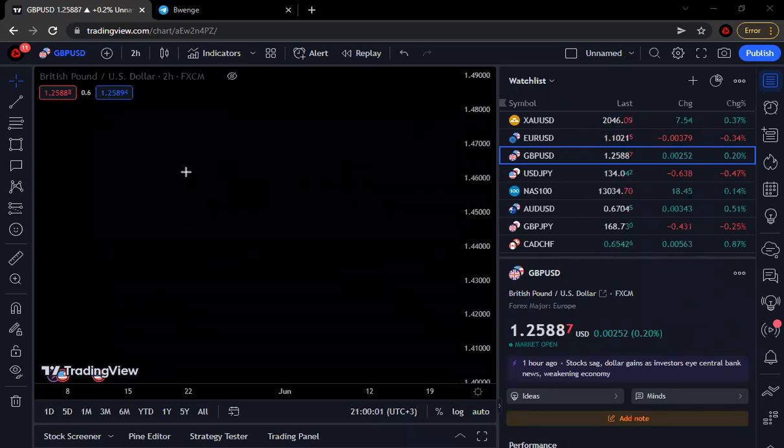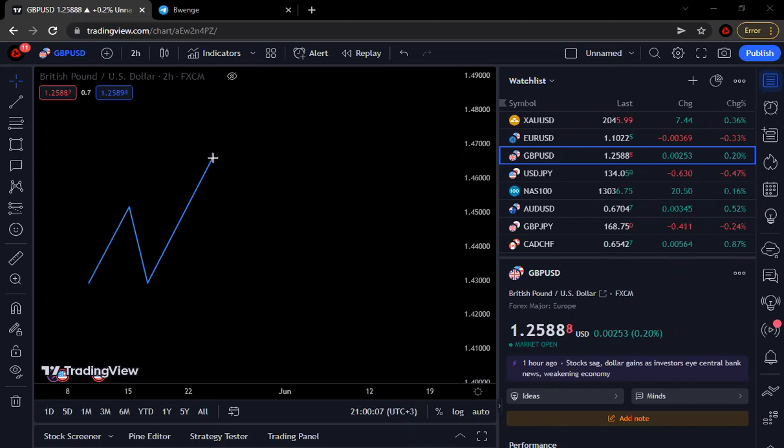Let me use this color here. When you're talking about a breaker block, let's take an example. You had an uptrend, the market was moving upward like this, and the movement which started here broke structure above.